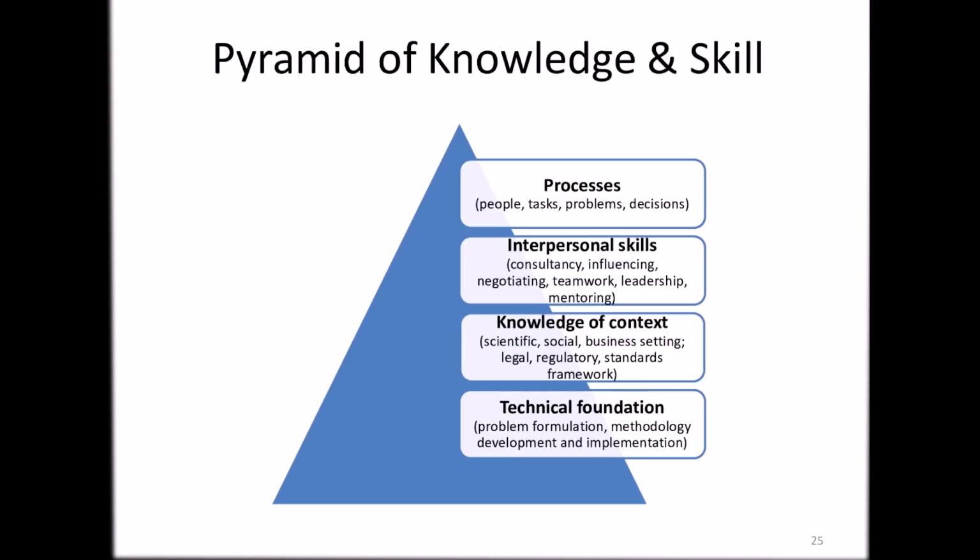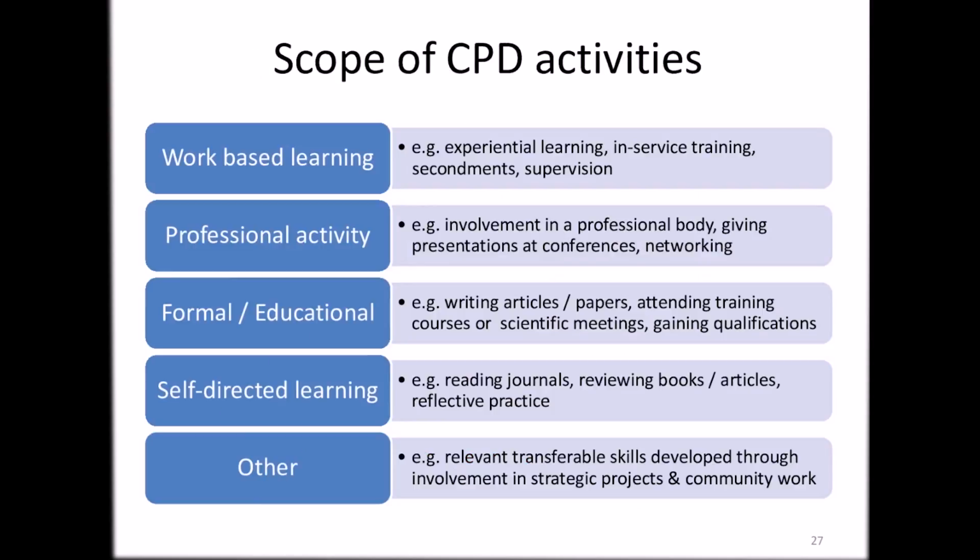Okay, I will skip over slide 26 and move on to slide 27. On slide 27 are the categories that are recommended in the RSS CPD policy. Now, in the appendix of the CPD policy, there is a definition of each category and a series of examples of the activities.